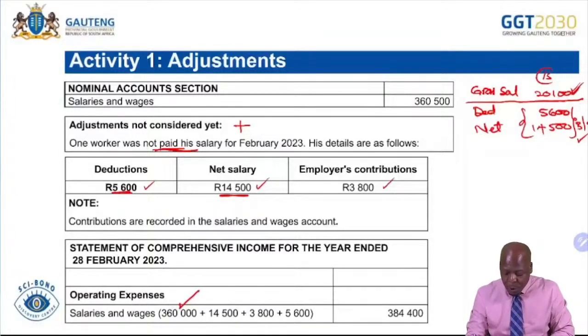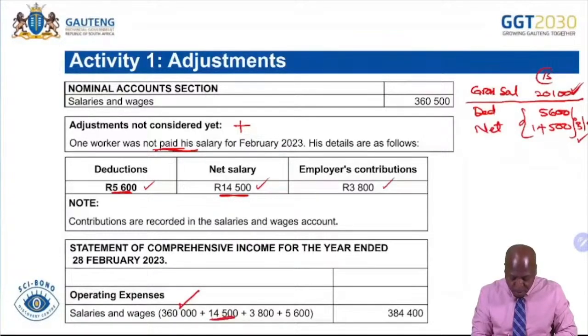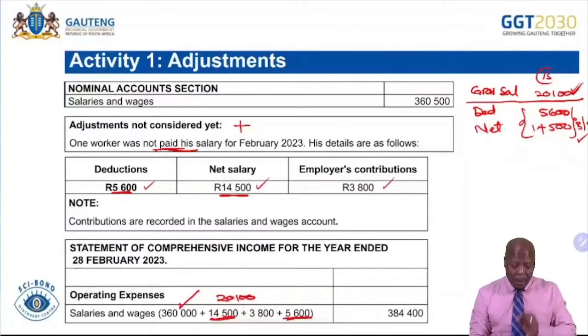And then I'm coming to add my 20.1. And for you to see my 20.1, it is my 14.5 and my 5.6. That gives you the 20.1. So someone would have come and recorded 20.1. You would still be very correct, because in the income statement, we want to show the gross.